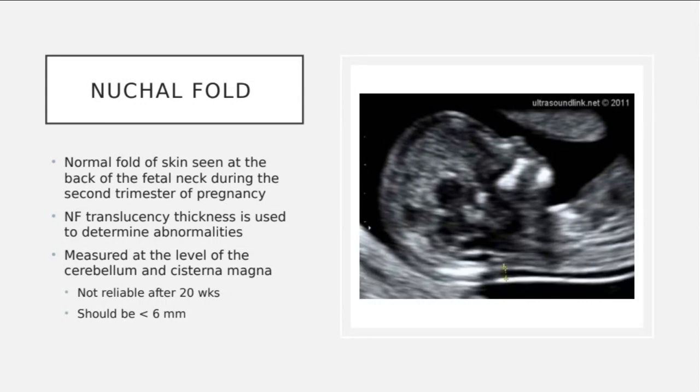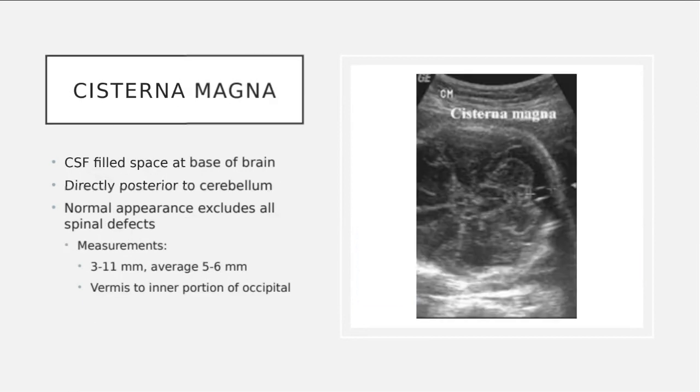So our nuchal fold is going to be a fold of skin that we see at the back of the baby's neck. So of course, we're talking about the back of the baby's neck, we're talking about the posterior fossa. So if we actually go back a few pictures, where was it? Oh, okay, so right here.